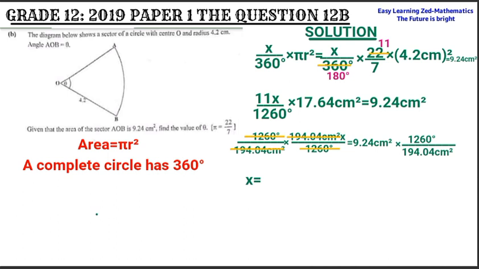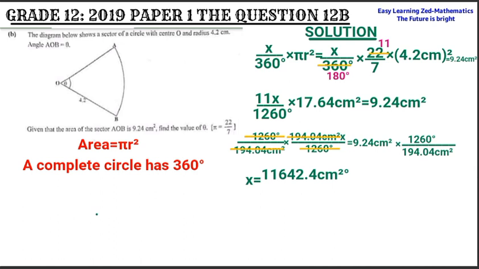Then I'm going to multiply 9.24 centimeters squared by 1260 degrees, which will give us 11,642.4 centimeters squared degree, because I multiplied centimeter squared by 1260 degrees.